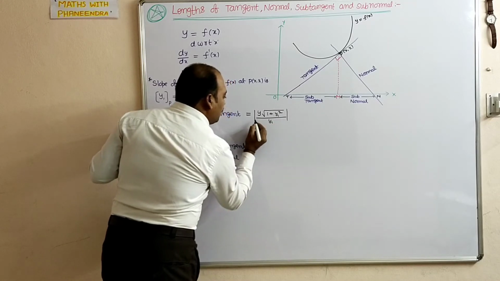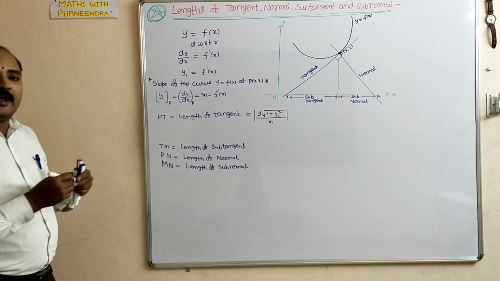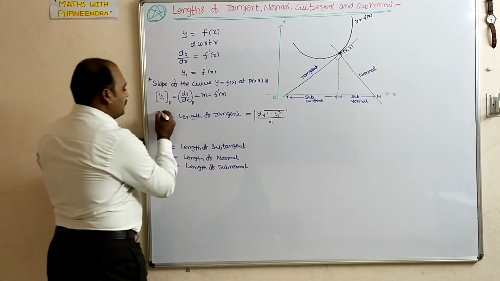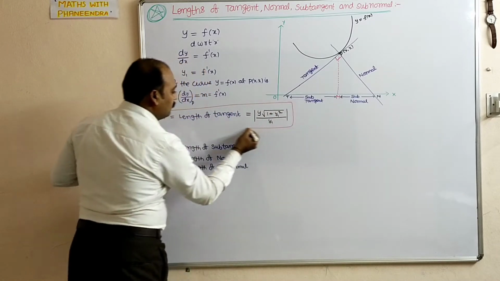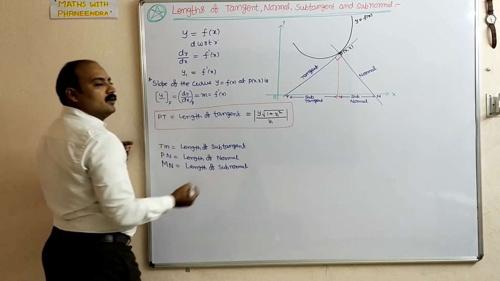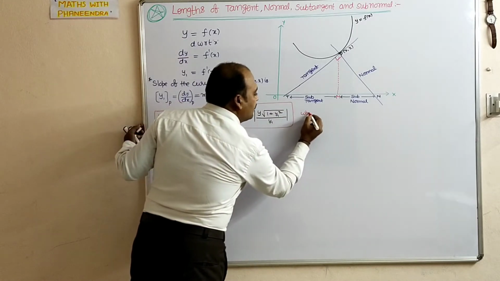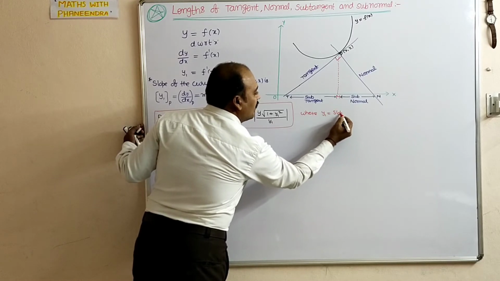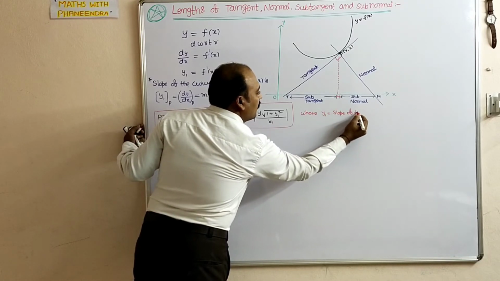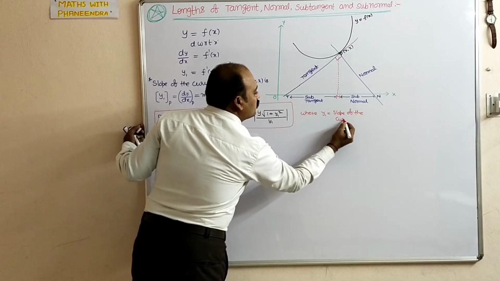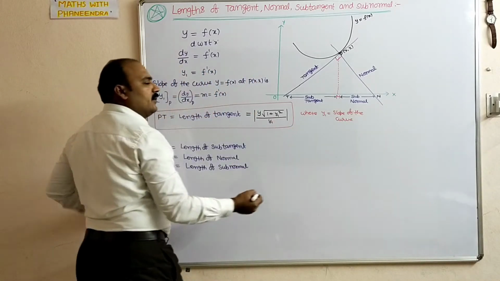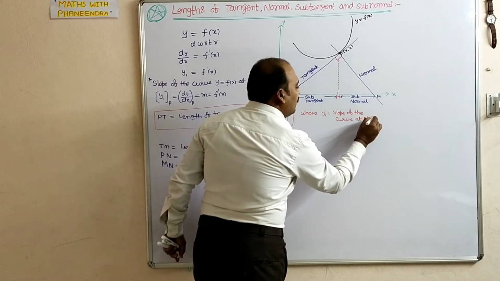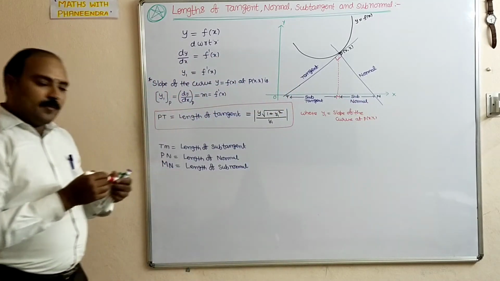This value is called length of tangent. This is the length of tangent formula, where y1 is the slope of the curve. Slope of the curve means slope of the tangent, at the point P of x1 comma y1.